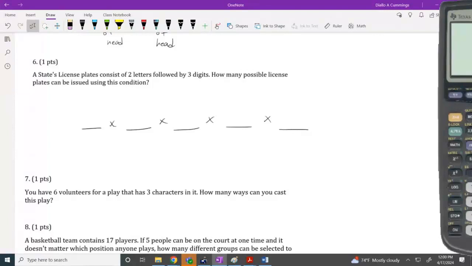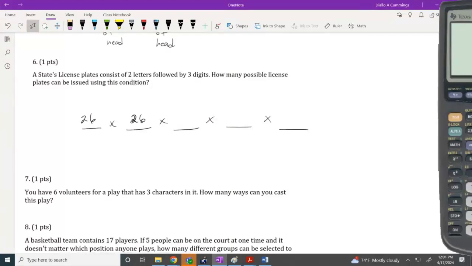The first 2 are letters. So how many letters are there to choose from? There's 26 letters in the alphabet. So I have a choice of 26 letters for this first letter. For my second letter, I have a choice of how many letters? Still 26.